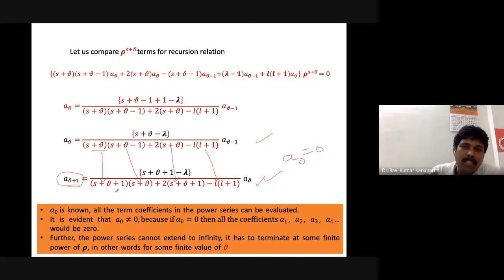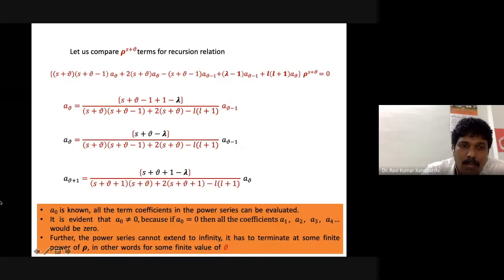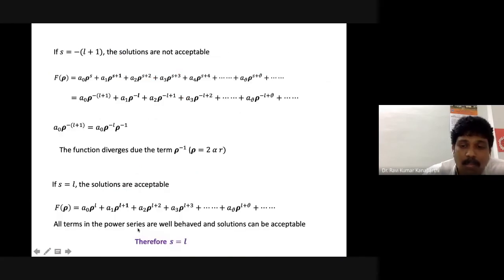All the coefficients can be evaluated from the recursion relation, so if a_0 is 0, then all the terms in the infinite power series become 0. That is the reason why I mentioned previously that a_0 cannot be 0 in any case.